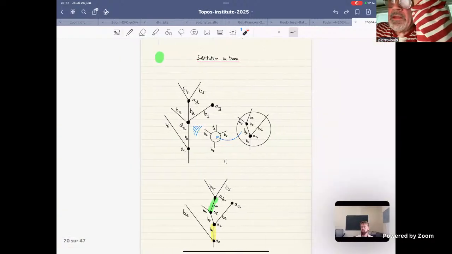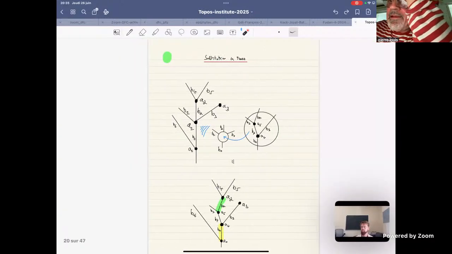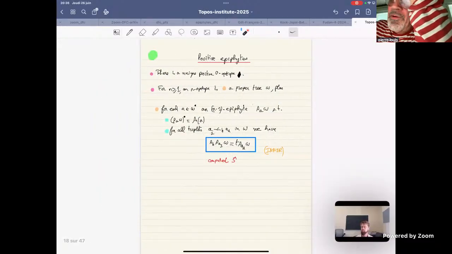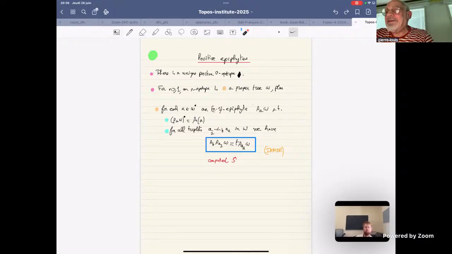Good. And then, the whole point of epiphytes is that there is no notion of target except in this condition, which means that the target is not part of the structure, so it has to be computed. So the distinctive feature of epiphytes is that target is a derived notion. And now I will try to explain how it is derived.